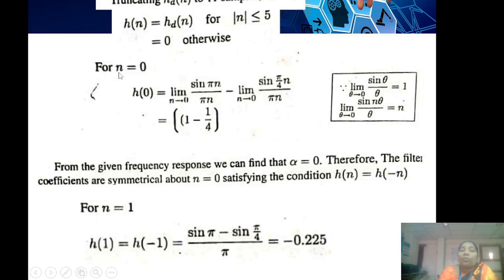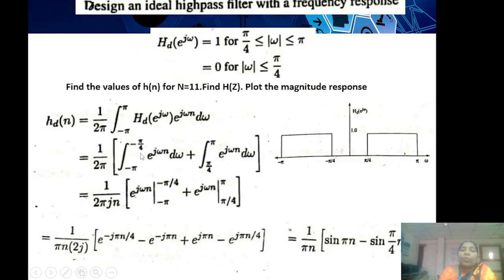So you are going to use L'Hospital's rule. According to L'Hospital's rule, limit theta tends to 0 of sine theta by theta equals 1. Also, limit theta tends to 0 of sine n theta by theta equals n. According to those mathematical expressions, we use the rule here. The given formula is 1 by pi n into sine pi n minus sine pi by 4 n.